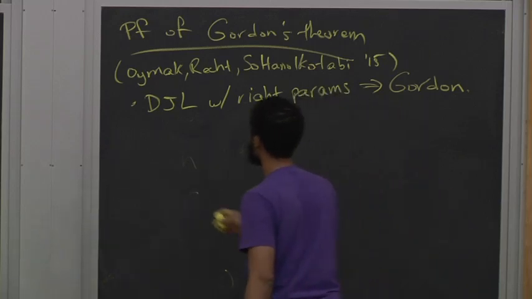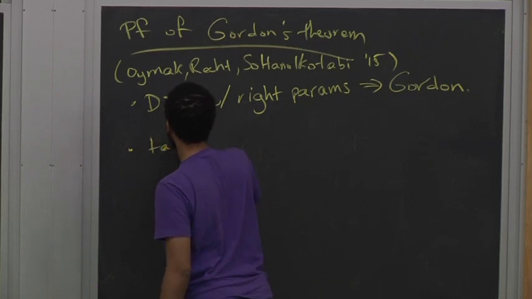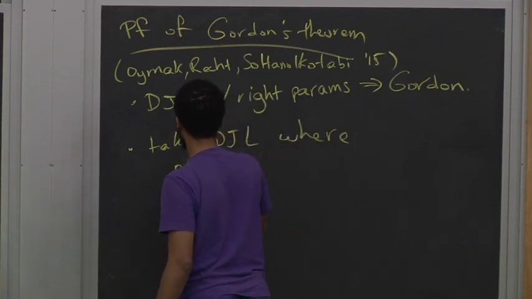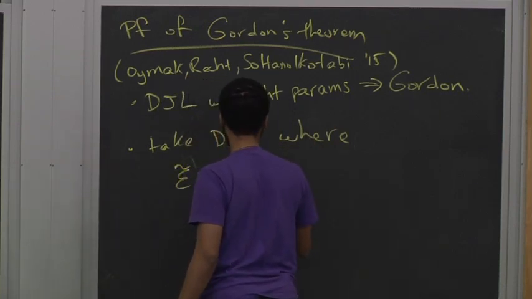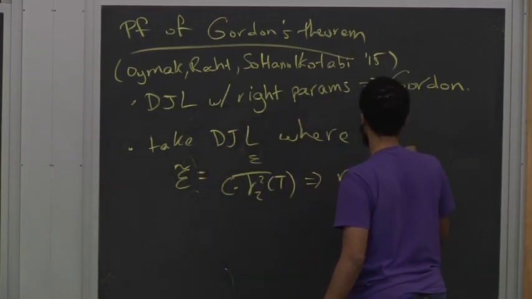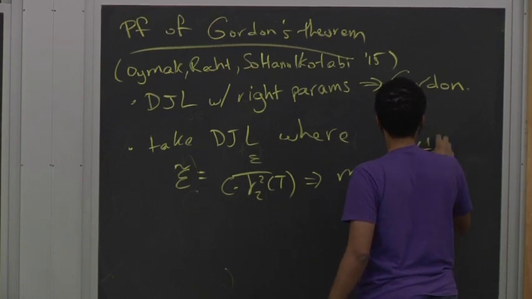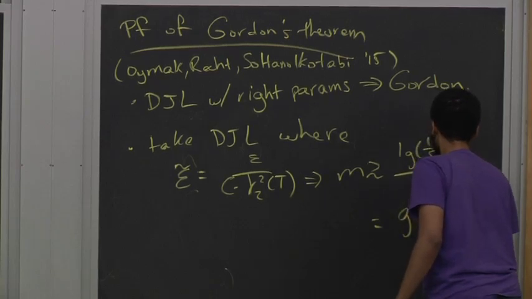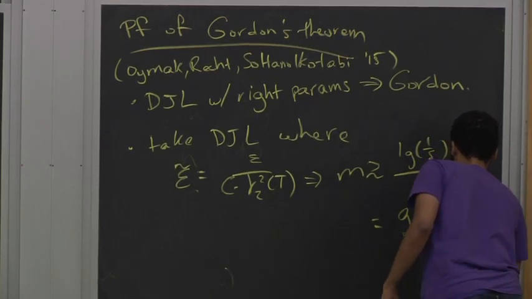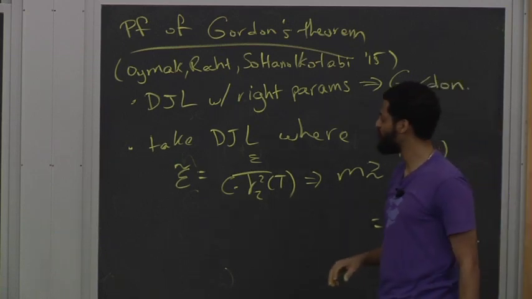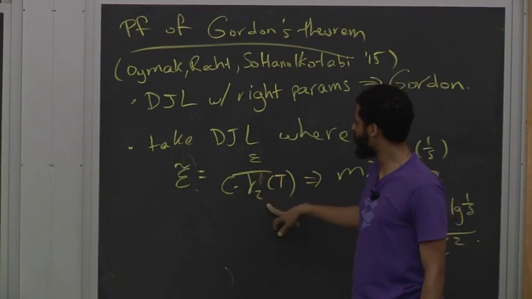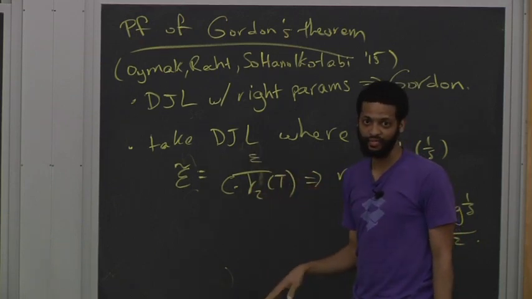Basically what they say is, take DJL where epsilon tilde is something like epsilon over some constant times gamma 2 of t, which implies that m just needs to be at least log 1 over delta over epsilon tilde squared, which is g squared of t times log 1 over delta over epsilon squared. So they do it in a black box way. They say that if you have a JL distribution with this kind of error, it implies that you'll preserve all of t.